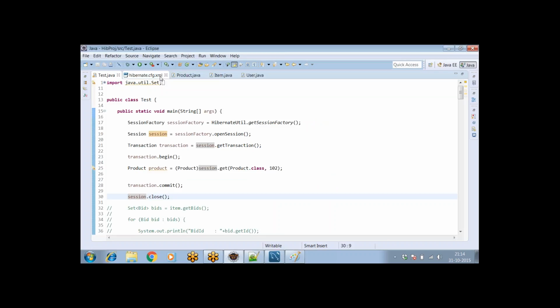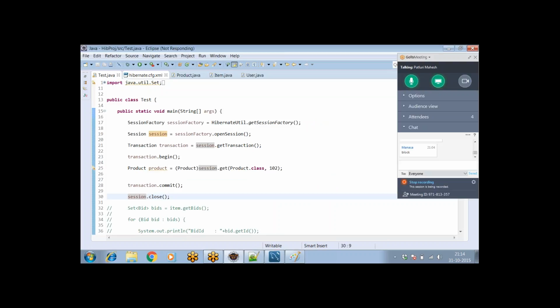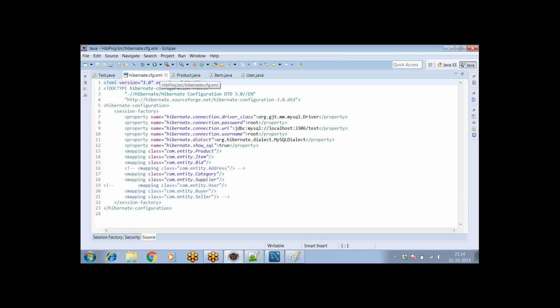The isolation level read uncommitted will help us avoid the isolation issue, lost update.